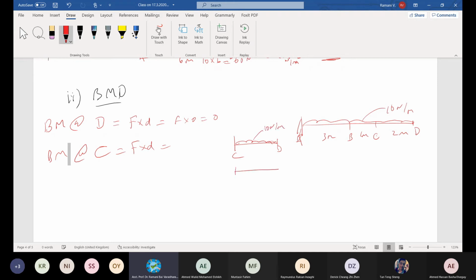So convert that into point load first. How much is this when you convert? 20. Very good. 20 Newtons, because I converted. The distance is 2 meter. It is convenient if you convert into point load. Now moment about C.